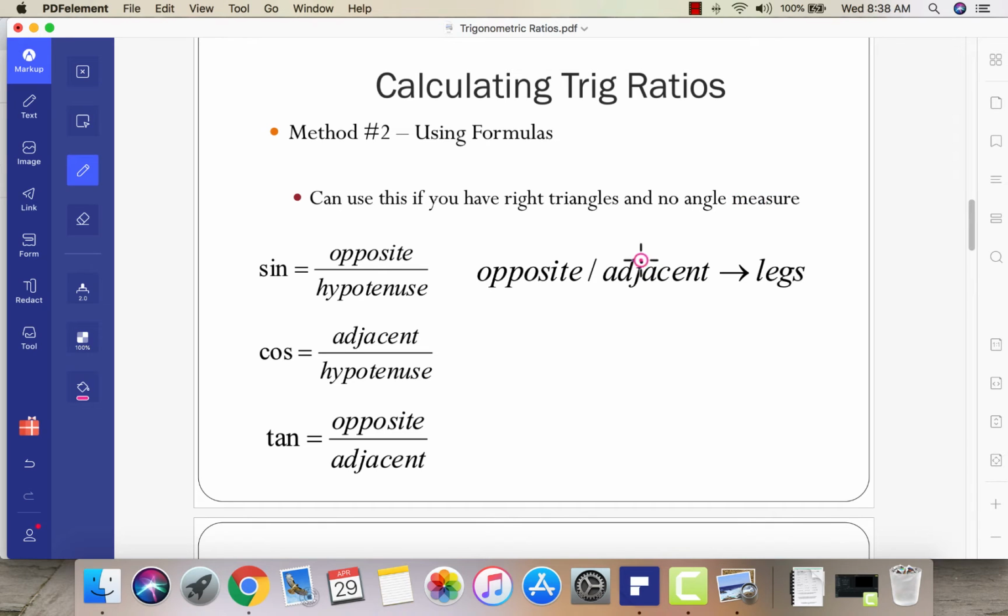Sine is opposite over hypotenuse. Opposite and adjacent are the legs. The hypotenuse is the side that is opposite of the right angle. Cosine is adjacent over hypotenuse, so adjacent means right next to. Tan is opposite over adjacent.